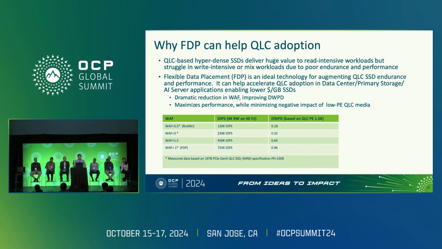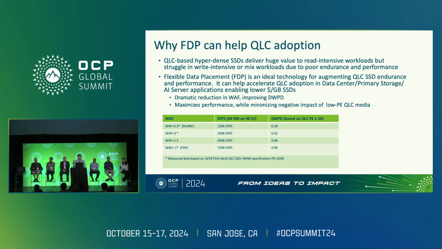Why can FDP help QLC adoption? QLC-based hyper-density SSDs deliver huge volume for read-intensive workloads, but struggle in write-intensive and mixed workloads due to poor endurance and performance. We think FDP is an ideal technology to augment QLC endurance and performance.